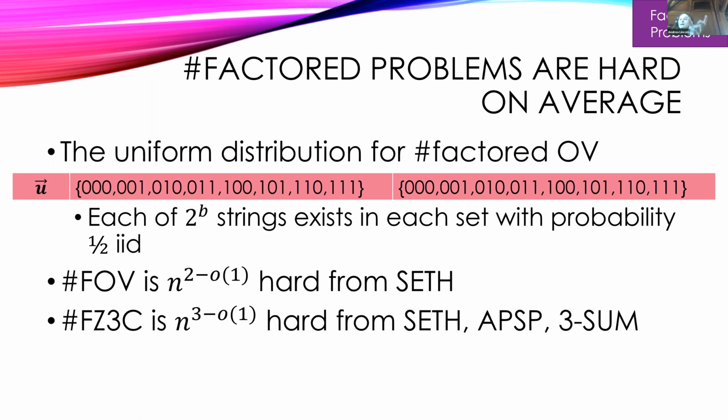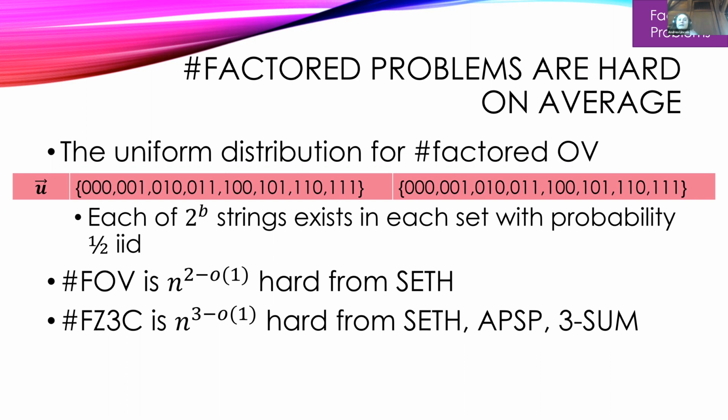When we're generating a uniform average case, for all the possible 2 to the B strings that could exist in each set, we leave it there with probability 1/2. So we're flipping coins to include or not include each possible string. So these are like concatenations of uniformly random sets of strings.